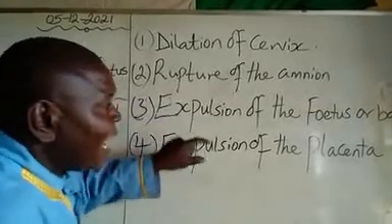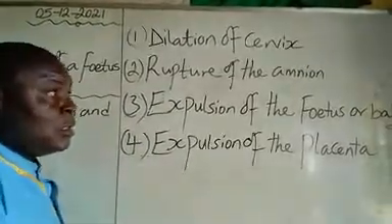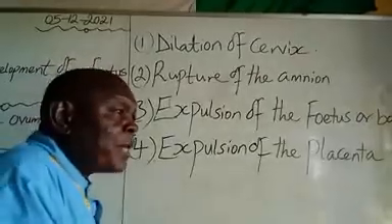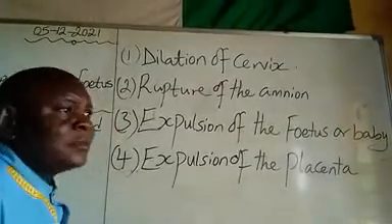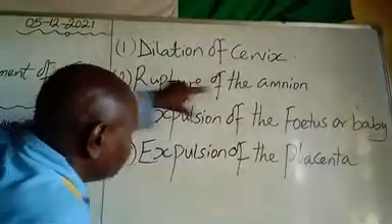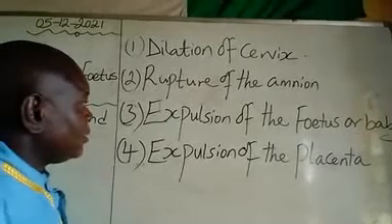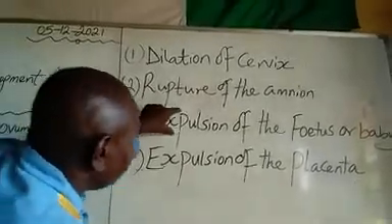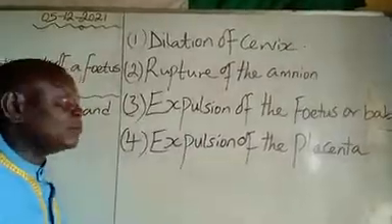The baby is born through the forceful contraction of the abdominal and uterine muscles. A baby is born. A baby is expelled. Okay? Here.